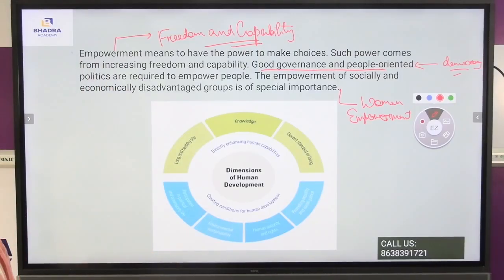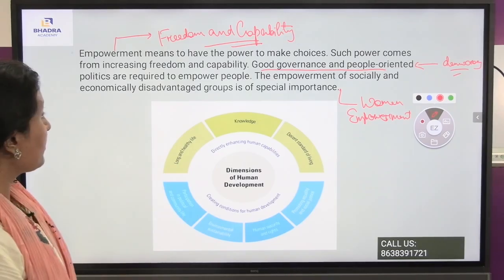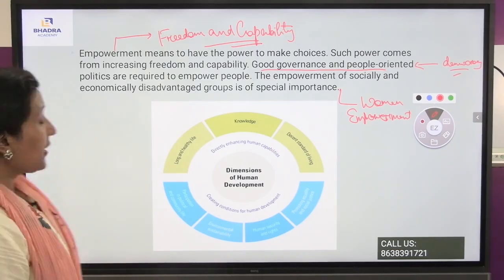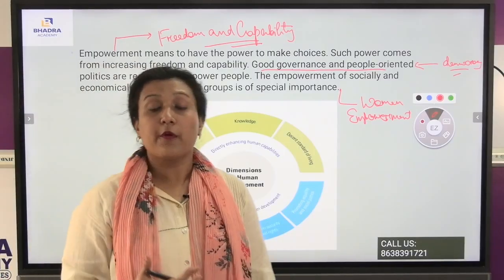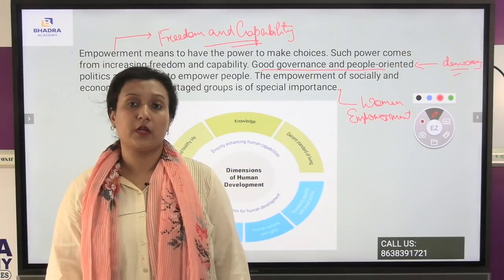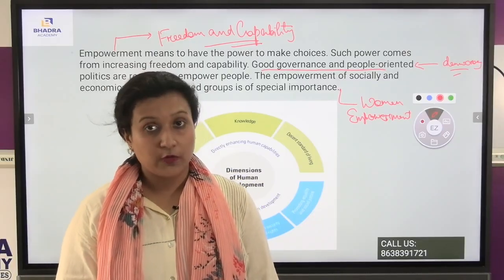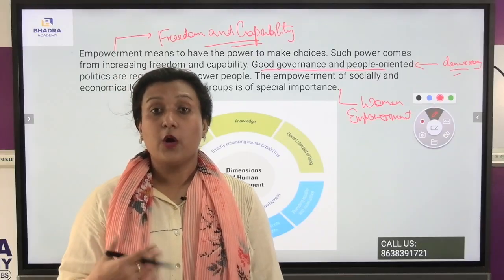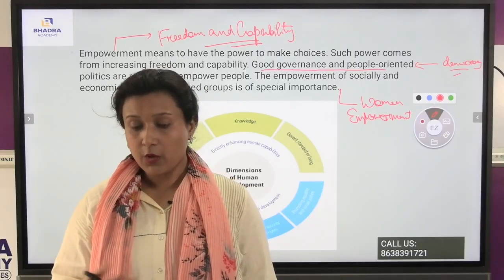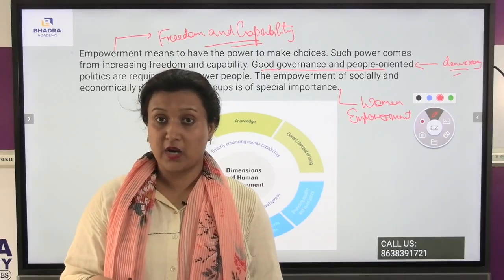Also, the empowerment of socially and economically disadvantaged groups is of special importance. Now, what do you mean by empowerment of a particular community? Here come the scheduled castes, the scheduled tribes, or the OBC people, which are termed the backward classes.